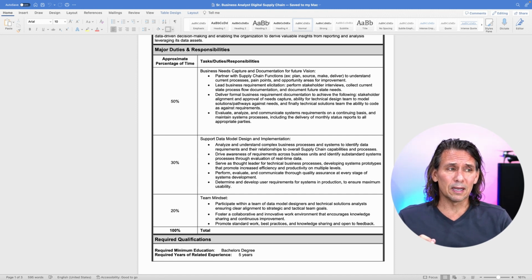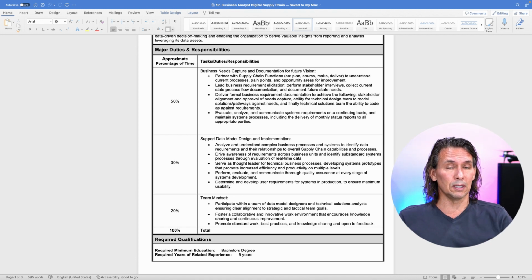The other thing I want to say about here is that third bullet that they call out called team mindset. This is so important. These clients are looking for influencers, not bullies, not know-it-alls. So you need to be part of a team. You need to come in there, work hard, and bring value to the team.